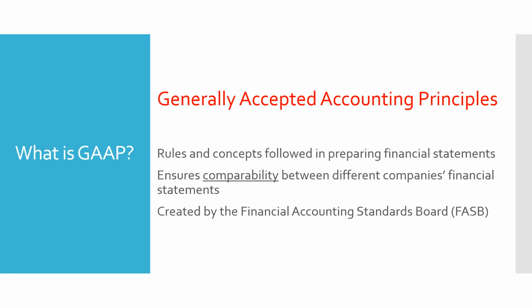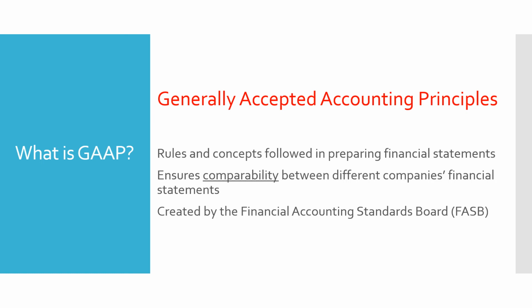So these are essentially the guidelines, rules, and concepts that companies have to follow in preparing financial statements. So if you are a publicly traded company, remember that means that your shares are traded on one of the organized exchanges like the New York Stock Exchange or the NASDAQ, then you are required to use generally accepted accounting principles.